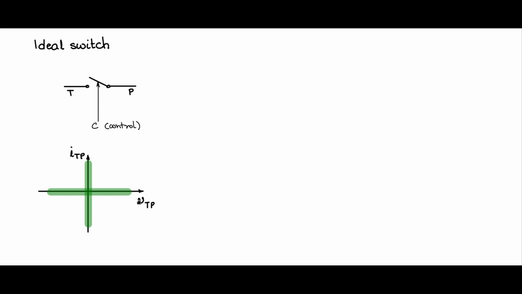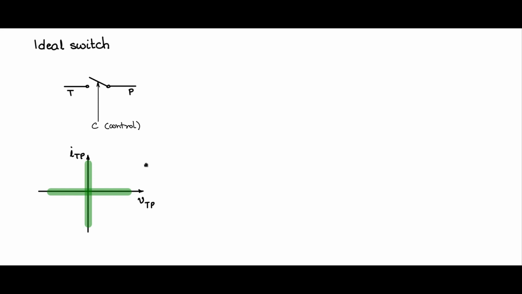Now this would be the characteristics of an ideal switch, a static characteristic where you have the I axis covering both the positive and the negative currents, the V axis covering both the positive and the negative voltages.